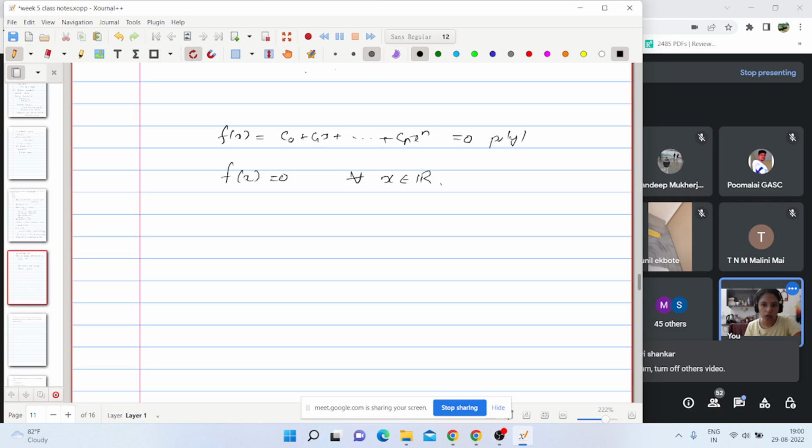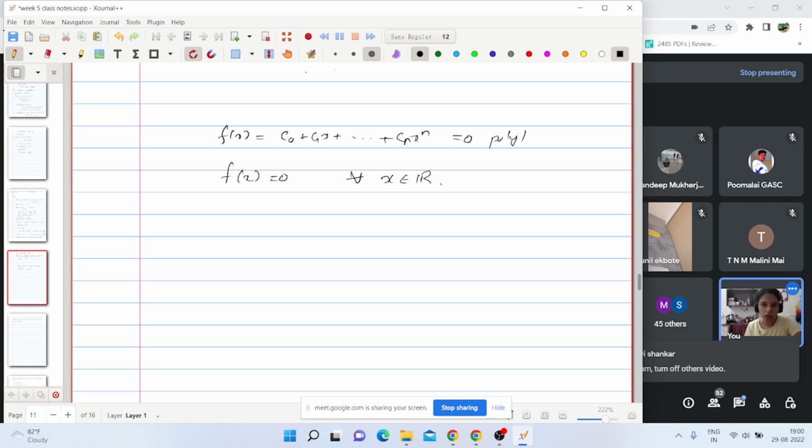Suppose at least one Ci is non-zero. That means I am writing f of x equals C0 plus C1 x plus etc., Ci x power i. C0, C1 up to Ci minus 1 can be 0, non-zero, whatever. The only thing is this Ci is non-zero.